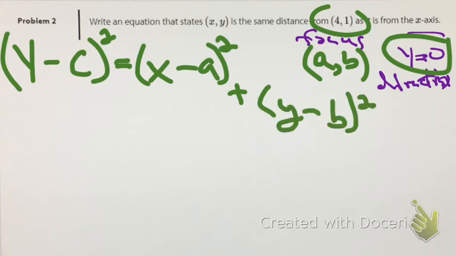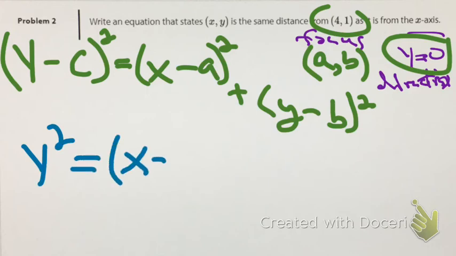All right, so we can just write the equation. No harm in doing that. Let's just write it. Shall we? We shall. So we're going to write it as y minus c. Well, in this case, c is 0, so we don't even write y minus c. We actually just write y squared. You could do that, but we usually just don't write y minus 0. And then we've got x minus 4, because that is our a part, squared.